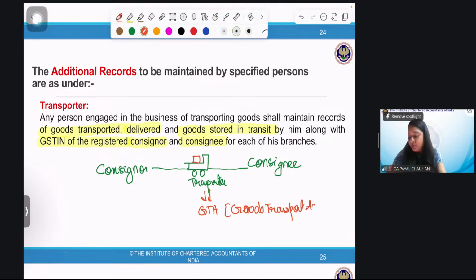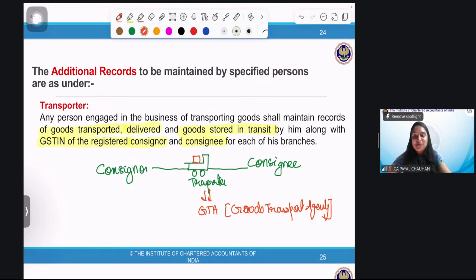The question to you is this. How will I know that? Perfect, Anil. Now tell me, how will I know that this transporter is a GTA or not? Very good, Kuldeep.